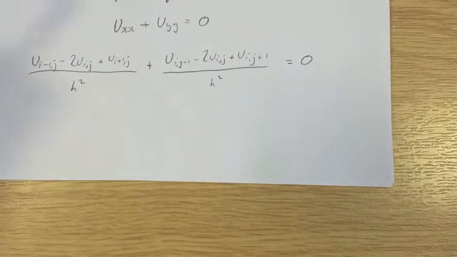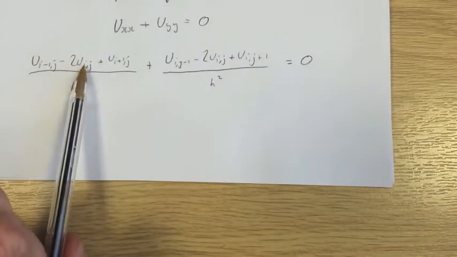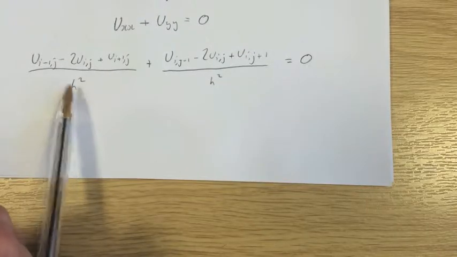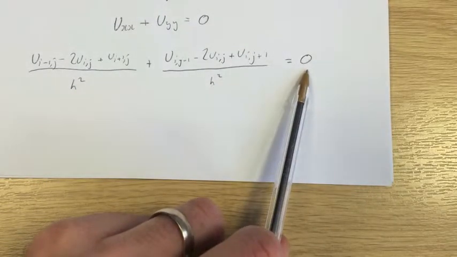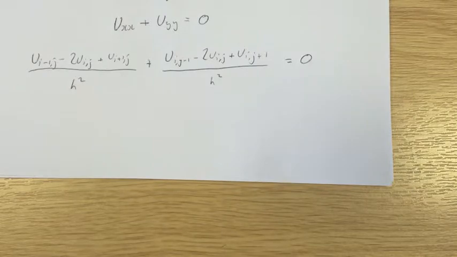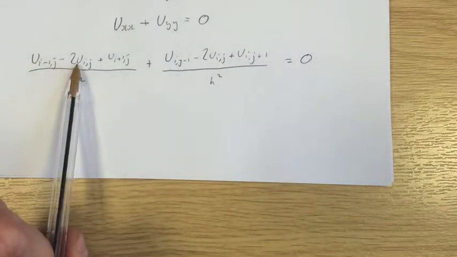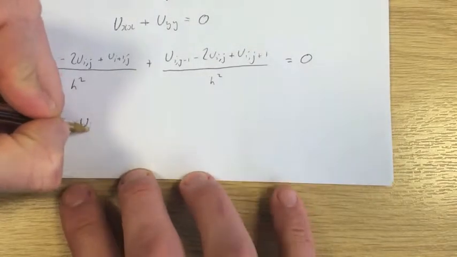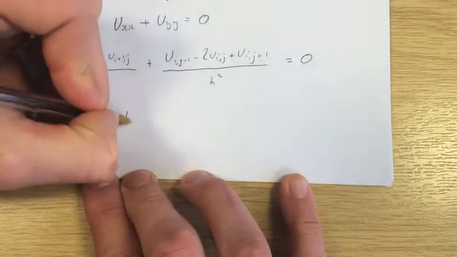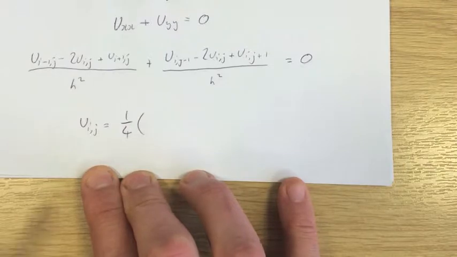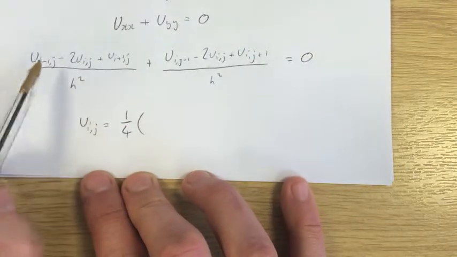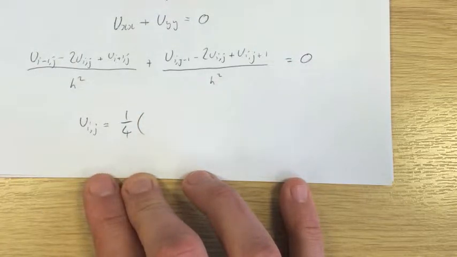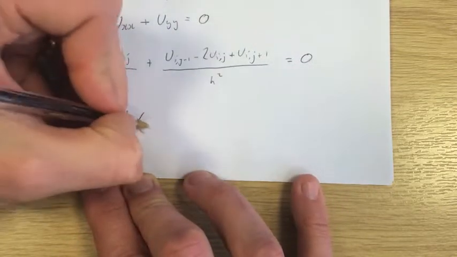What we need to do is rearrange to make u_i,j the subject. If we multiply both sides by h squared, we get rid of the denominator. We've got minus 4 lots of u_i,j. If we rearrange to make u_i,j the subject, we've got 1/4 times the summation of all the other terms: the one above, to the right, below, and to the left.